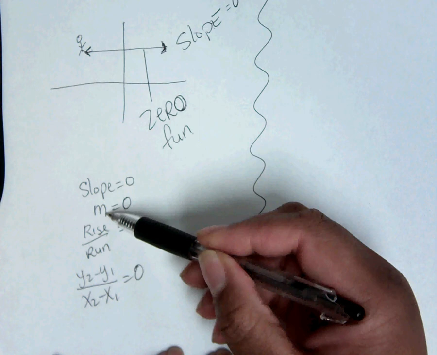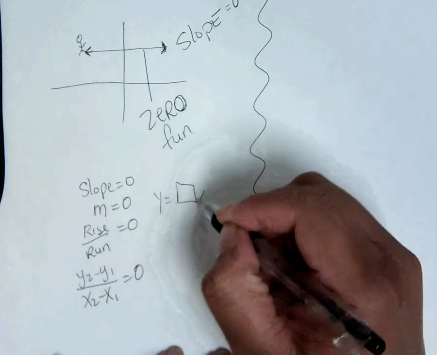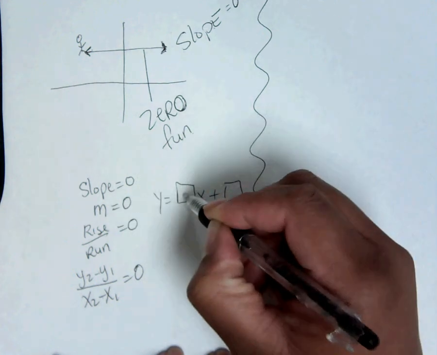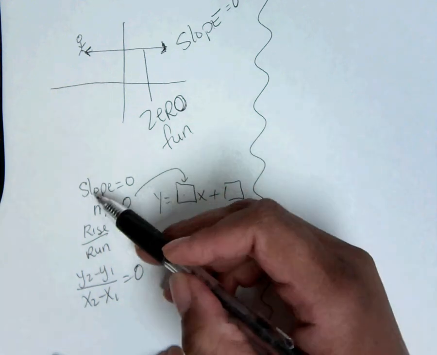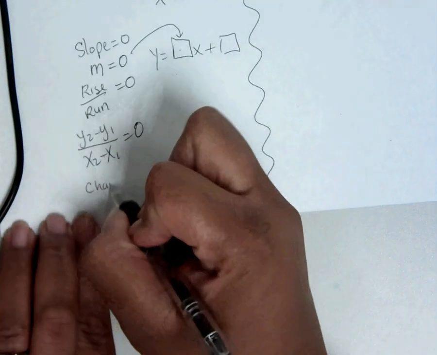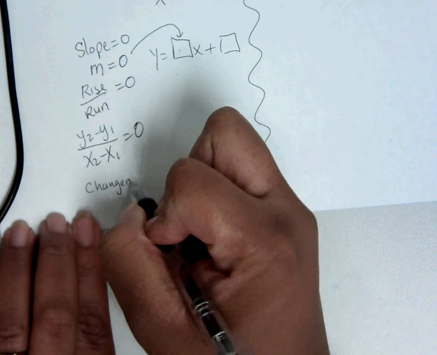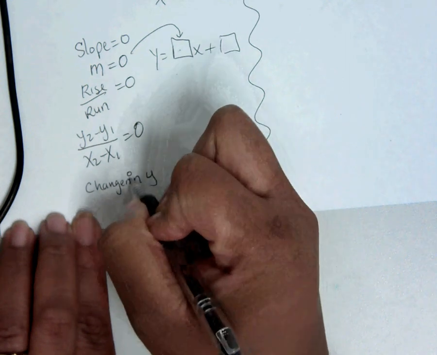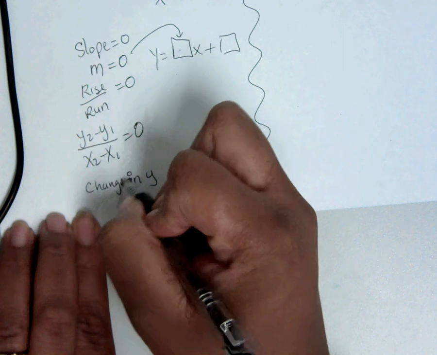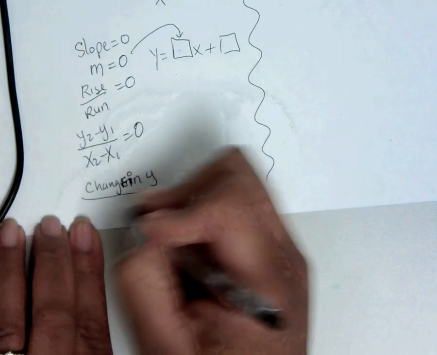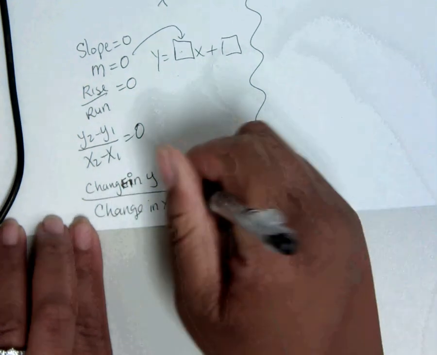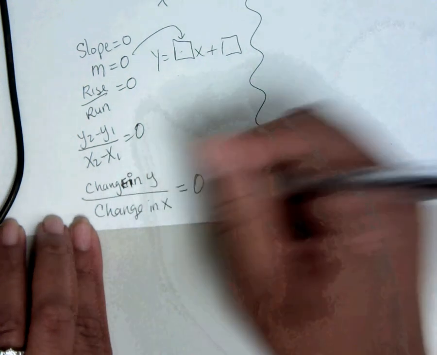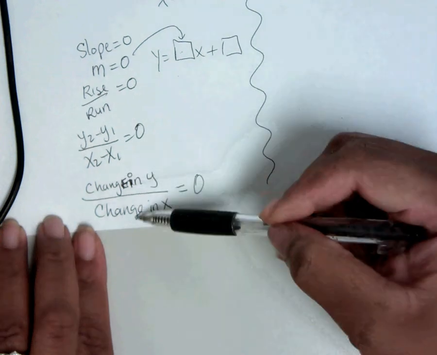This is the slope formula, but written in word form. This is the letter M from y equals box x plus box. This is the M spot, the slope spot, the pattern. And the word slope just describes it. We also could say that the change in y over the change in x equals 0, because this is another way to say slope.